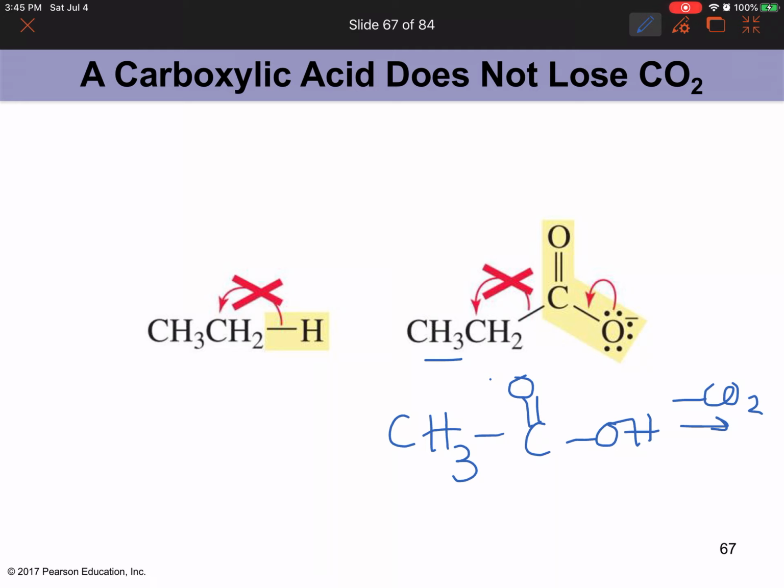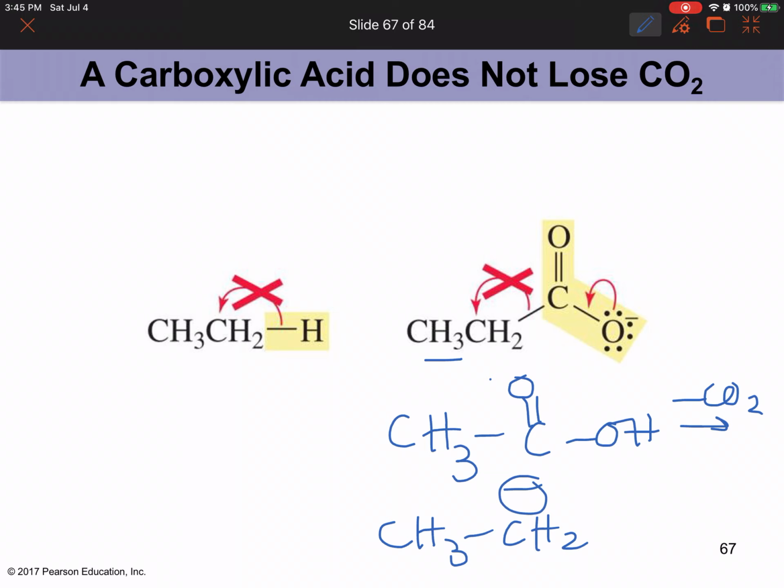For the same reason, if it loses a carbon dioxide by forming the anion, just like it's showing over here, if it loses this bond, then the electrons in the bond are going to be on this carbon, and similar to the alkane, it would become something like that. And there is nothing for it to stabilize that carbanion.